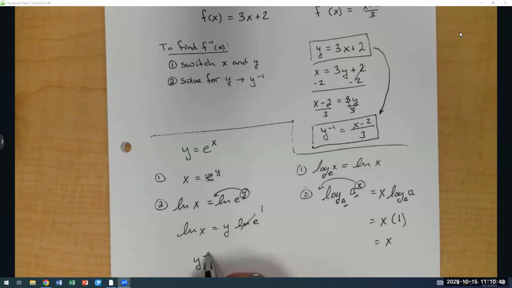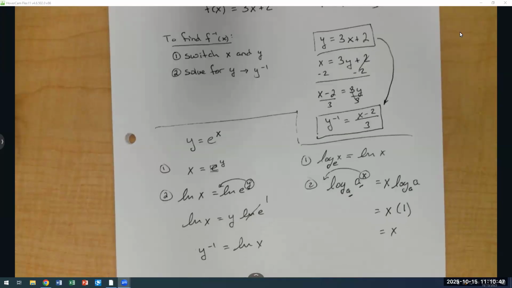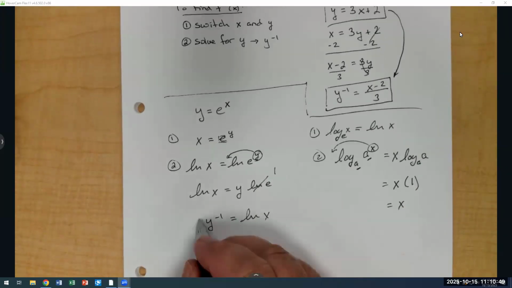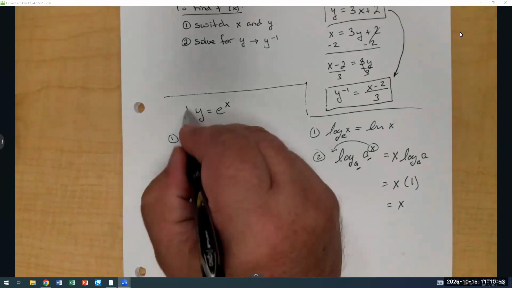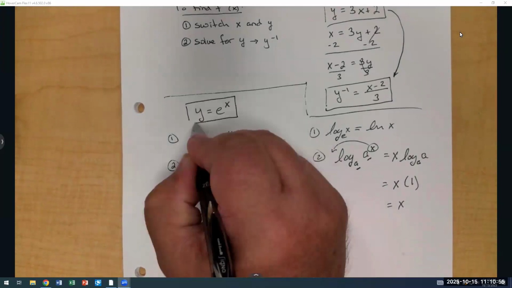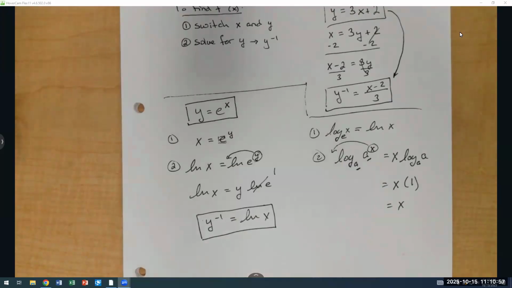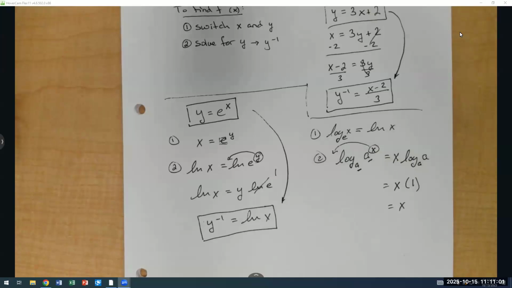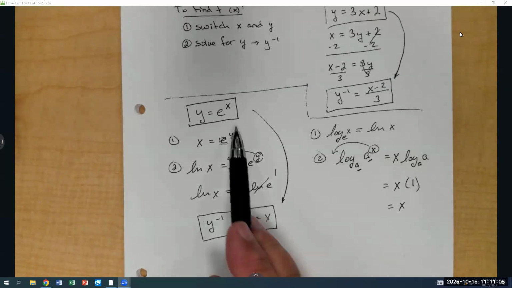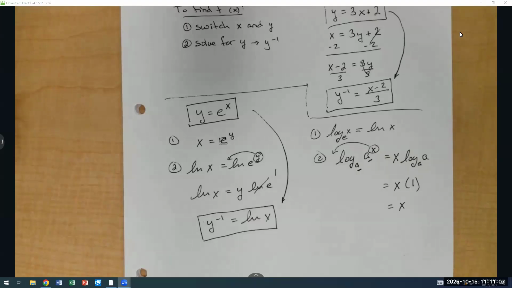So the inverse of y equals e to the power x is y equals the ln of x. And vice versa. If y equals ln x, the inverse is e to the power x.